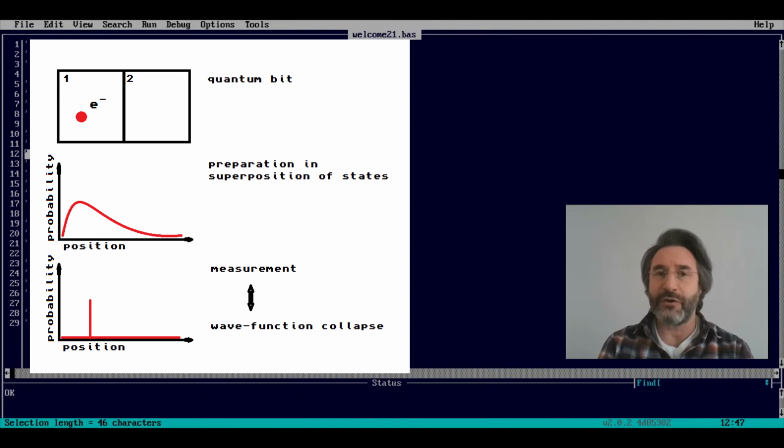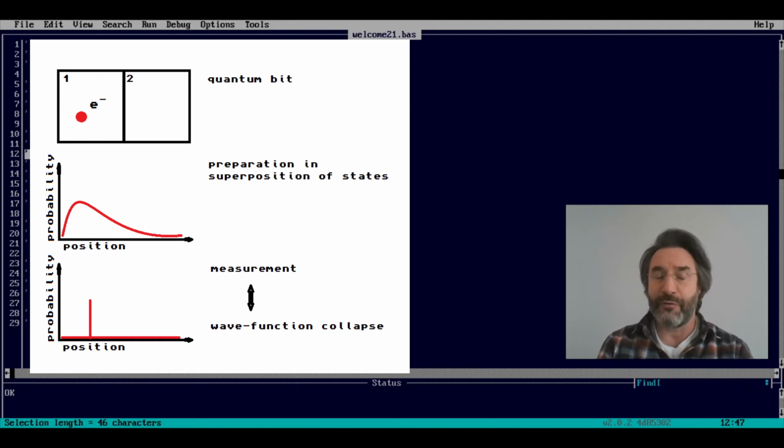But because measurements provide a stochastic result, with random effects during the measurement, you have to make many measurements of the same system. So you have to store the same information with the same probability in the quantum bit, and you have to measure this information many times.